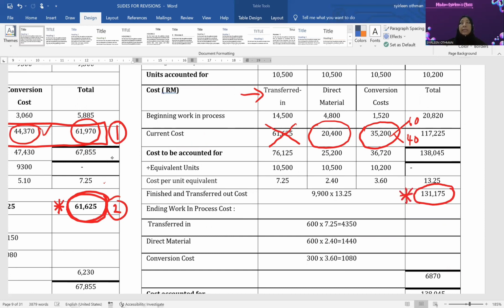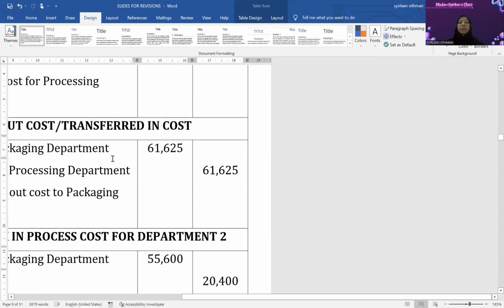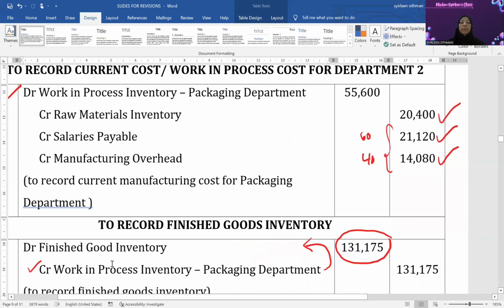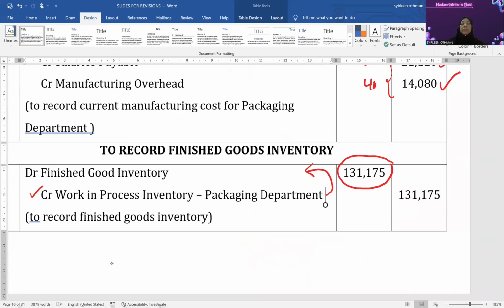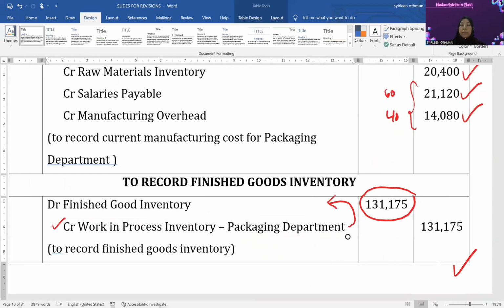So nilai ni yang dah siap dekat department 2 akan dihantar terus pergi ke store. Okay, so pergi ke storage ya. Alright. So that's why for your finished goods inventory, the amount of it is 131,175.